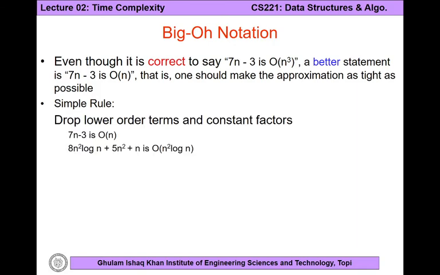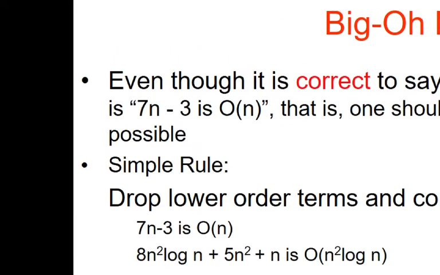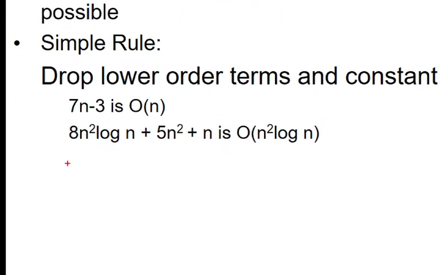All right. So now if we see, for example, if we have a complexity function for a given algorithm as 7n minus 3, then its time complexity will be, we can remove this minus 3, because as I told you earlier it is insignificant, and this 7 will be inaccurate.